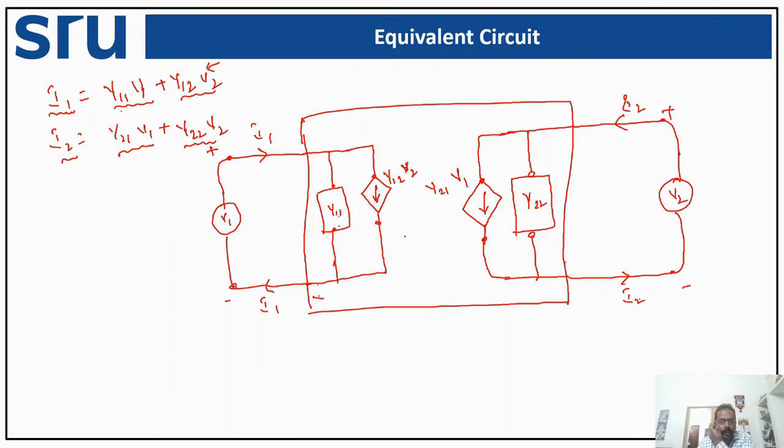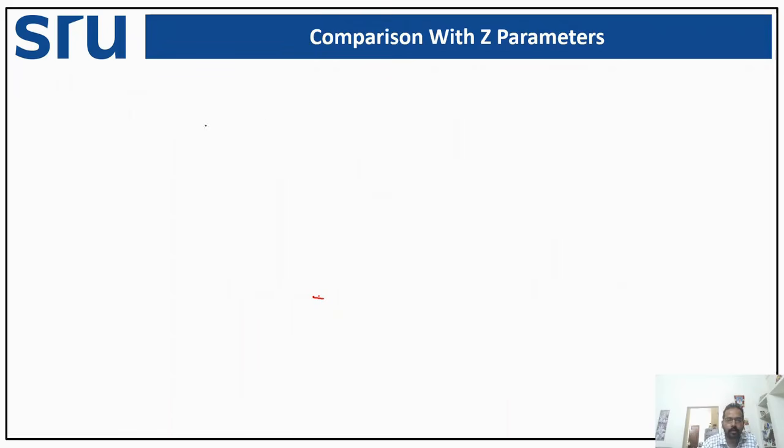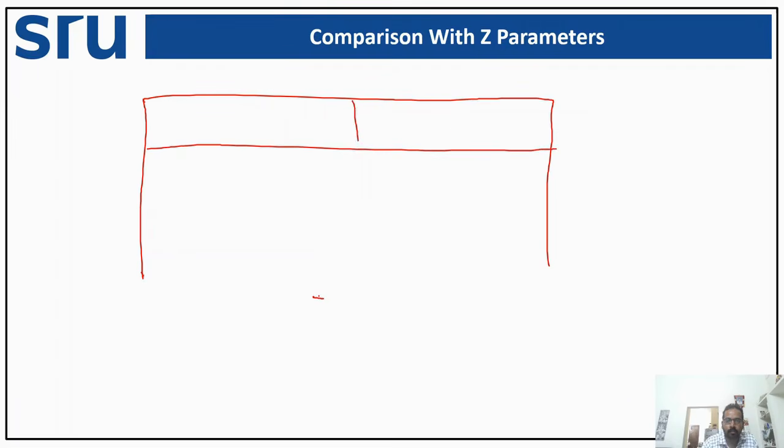Now let us compare our Y parameters with the Z parameters. Let us draw a table. Let us write Z parameters here, and this is Y parameters. For the Z parameters, we have Z11, Z12, Z21 and Z22.